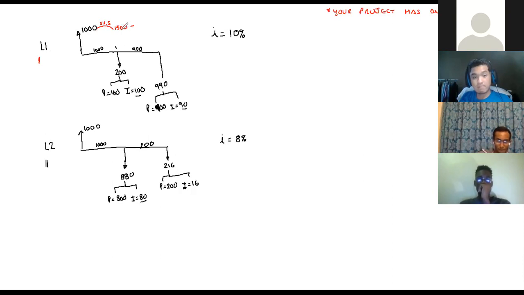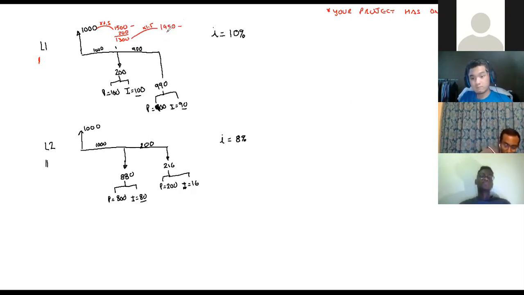Well, I need to pay my $200. I'm left with 1,300. This 1,300 moved into the future is also multiplied by 1.5. So because I have a 50% return, this is equal to what? $1,950.